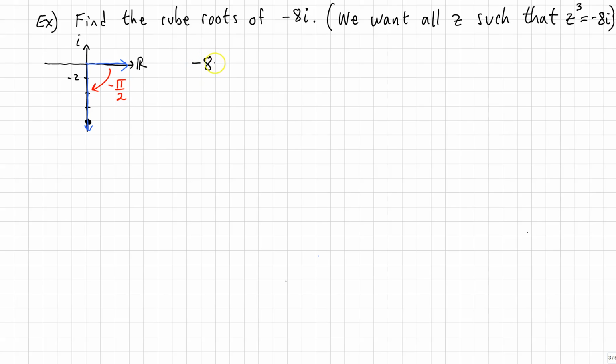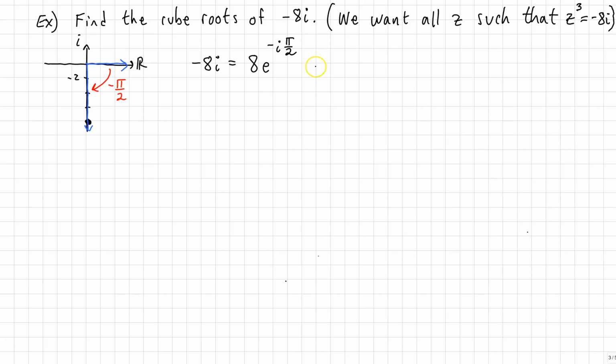So negative 8i in exponential form would have modulus, its distance from 0, equal to 8. So it would be 8e to the negative i pi over 2 power. That's using its principal argument. But there are lots of angles that have that terminal side.